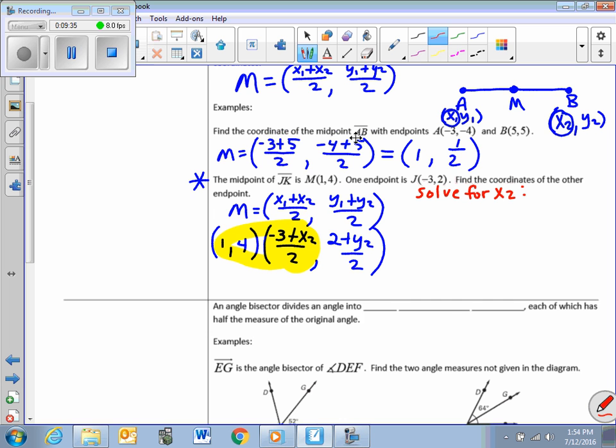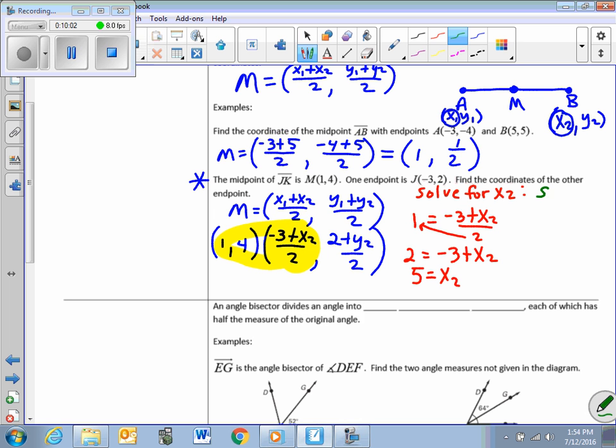So what am I going to do? I'm going to say 1 equals -3 plus x sub 2 over 2. How do I solve a proportion like this? Well, I just cross multiply. So 1 times 2, 2 equals -3 plus x sub 2. So x sub 2 is going to end up being 5.